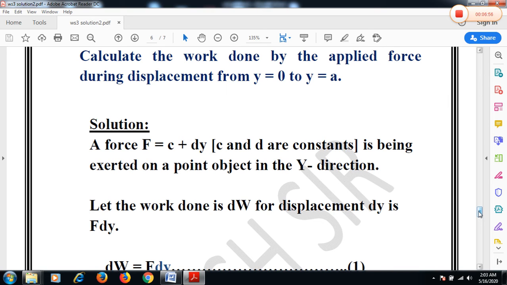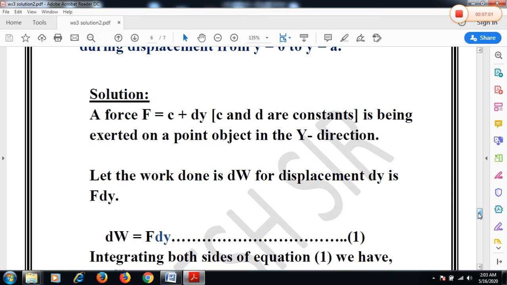So let the work done be dW for displacement dy, which is F dy. Here dW is the work done in moving the object a distance dy, and dW will be equal to F dy.